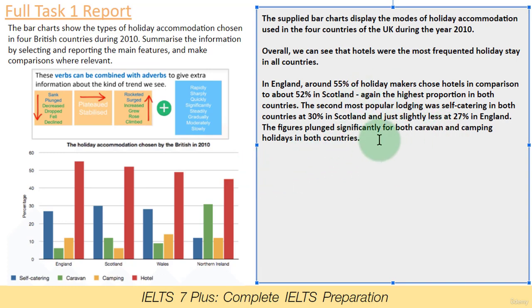I want to quickly give the percentages. I don't want to then go into another long sentence, as I think I'm probably getting to about the right size for my paragraphs here, especially my detailed paragraphs. So I'm just going to say the figures plunge significantly for both caravan and camping holidays in both countries at between, let's find the lowest. It looks to be around 16%.